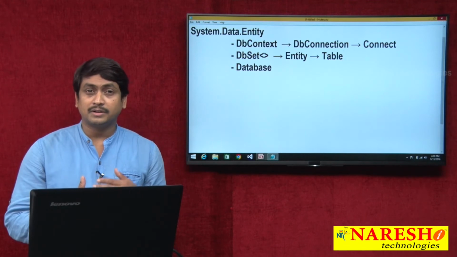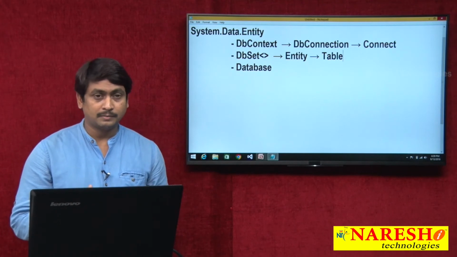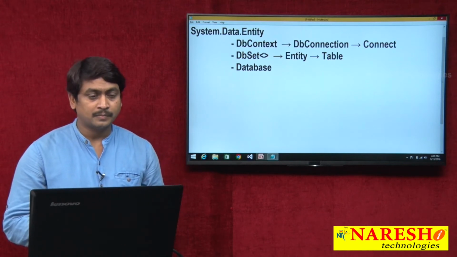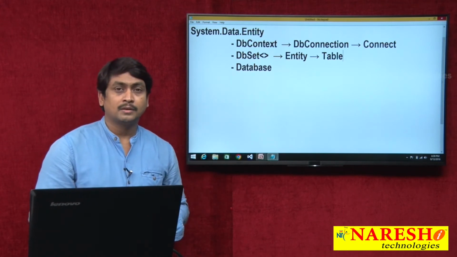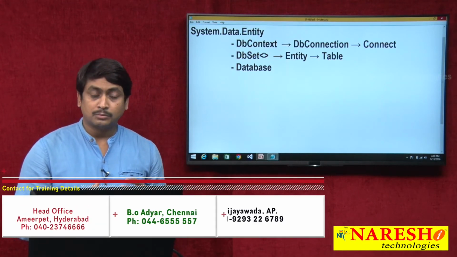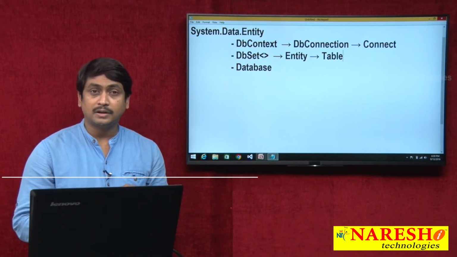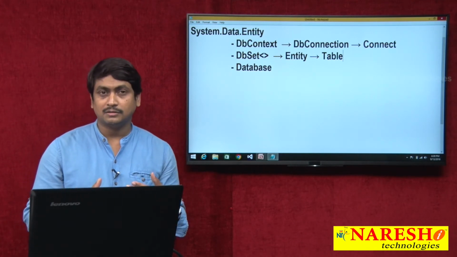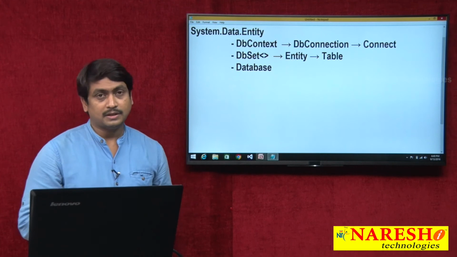Every entity represents a table in the database. So, DbContext will connect with the database and DbSet will be responsible for interacting with the tables inside the database. All these DbSets are accessible with the reference of DbContext, because DbContext is a collection of DbSets. So, the context will connect with the data source and DbSet will be responsible for reading and writing values into the entity. Here the entity is the table, meaning communicating with the database table is managed by using DbSet.